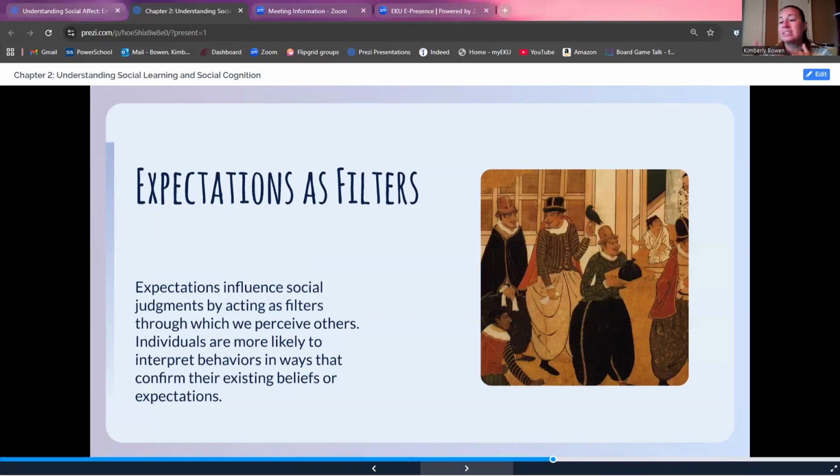So we can make snap judgments based on if somebody is interacting the way we feel like they should in a social circumstance, so that we can either perceive them as a threat or not a threat, or as approachable or not approachable, or we could perceive them as, hey, this person is not doing what they're supposed to, so maybe I need to give them a frowny face or a concerned look as a social consequence, so that they can maybe understand that that's not accurate.